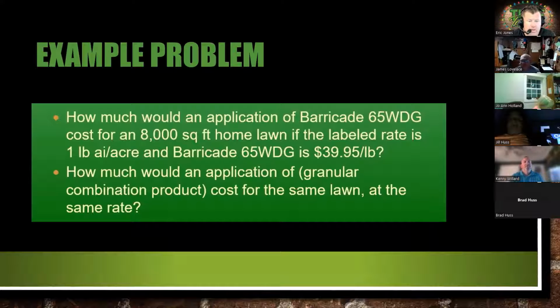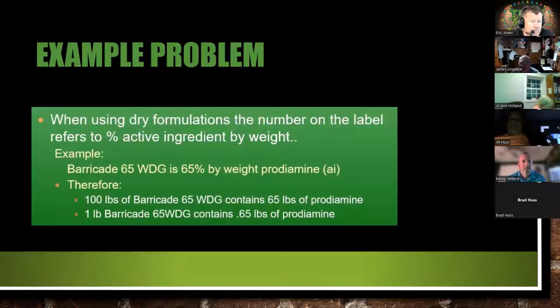And so when we are using dry formulations, the number on the label refers to the percent active ingredient by weight. Example, this Barricade 65 water dispersible granular is 65% by weight prodiamine, and therefore 100 pounds of it contains 65 pounds prodiamine, and one pound of Barricade 65 WDG contains 0.65 pounds of prodiamine.